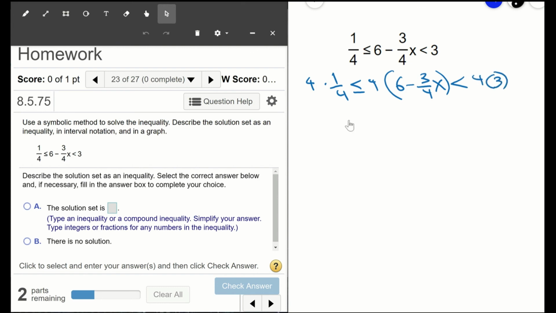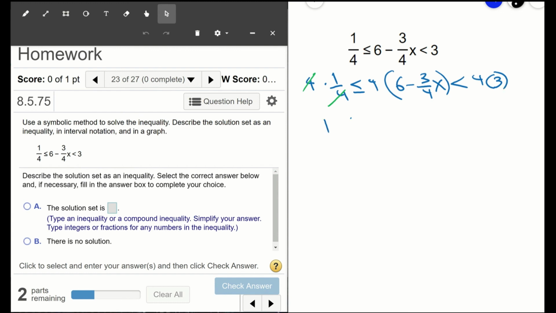Notice that we're not going to be changing the direction because we're multiplying by a positive number, right? So all directions remain the same. So we cross cancel now. We notice that those cancel out. And we end up with, let's go ahead and distribute the middle part.